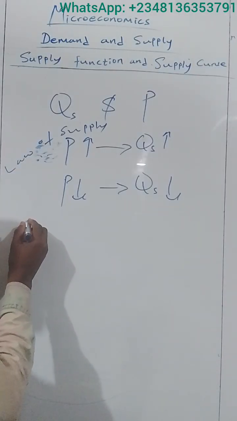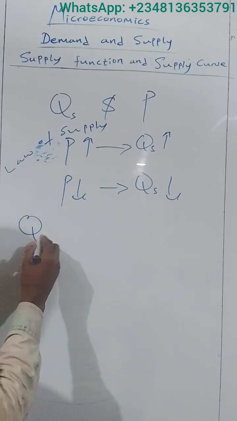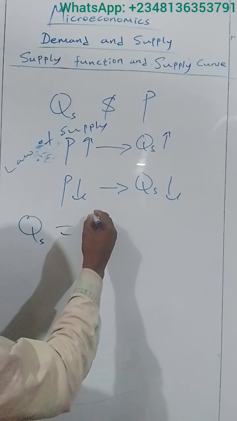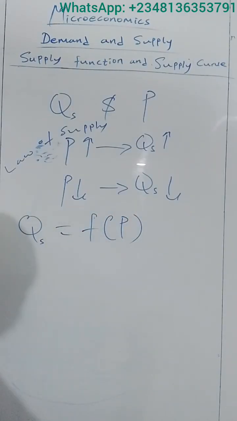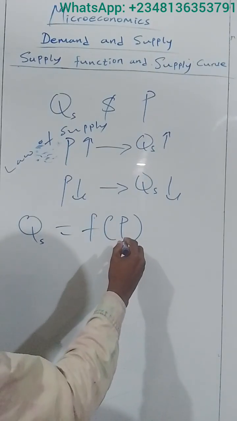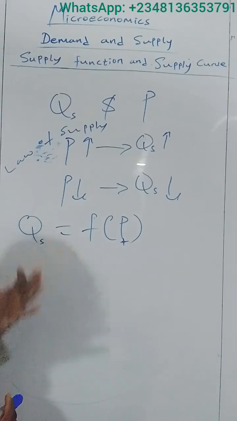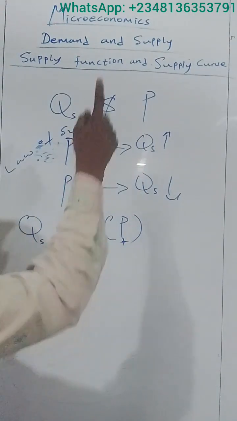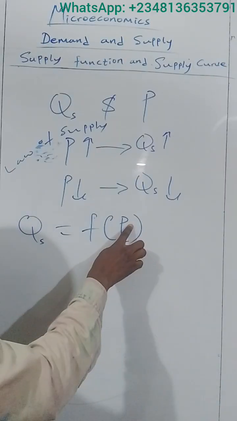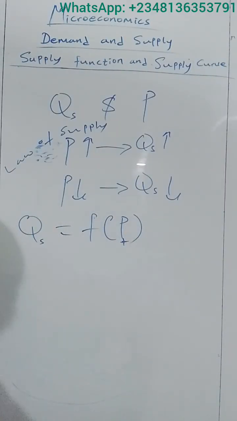For example, a supply function can be represented as Qs equals f(P), that is, Q is a function of P, just like we have for demand. But in order to make it clearer, I can put a positive sign here to indicate that this is a direct, positive relationship. That is, whenever the price goes up, the quantity supplied also goes up, and whenever the price comes down, the quantity supplied also comes down.